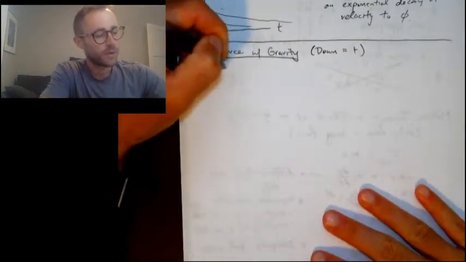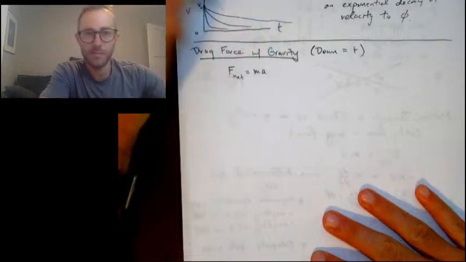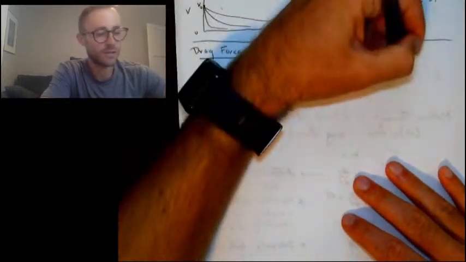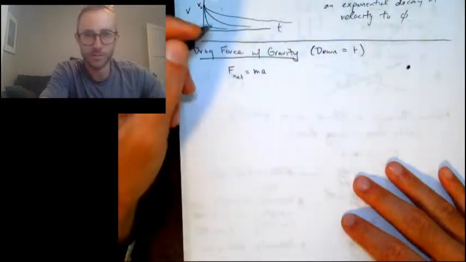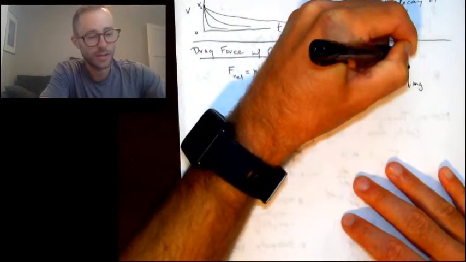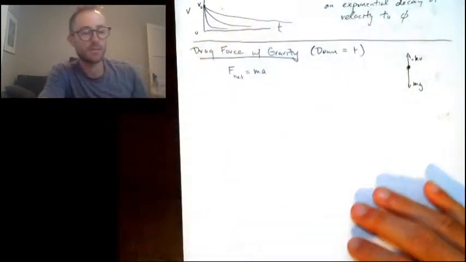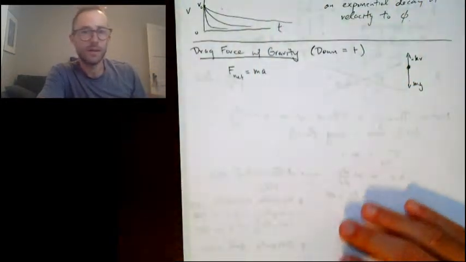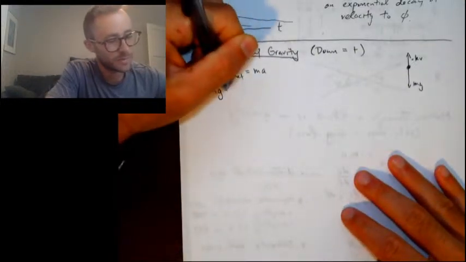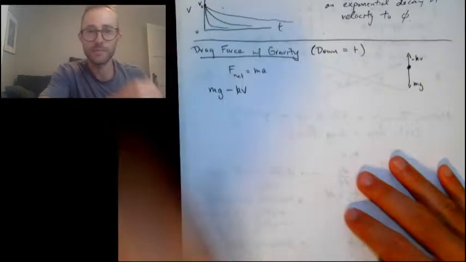So, starting with net force equals ma. There are two forces acting on this thing. Okay, it's falling, so it has weight force going down, and it has drag force going up. All right. So our net force is going to be mg minus kv.